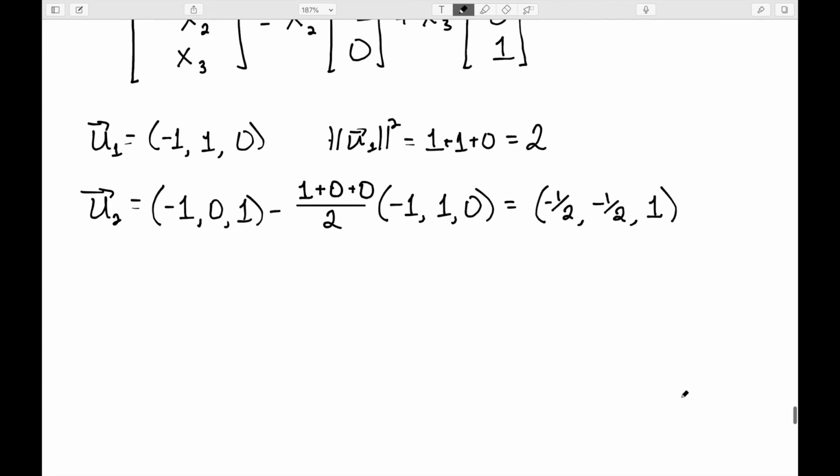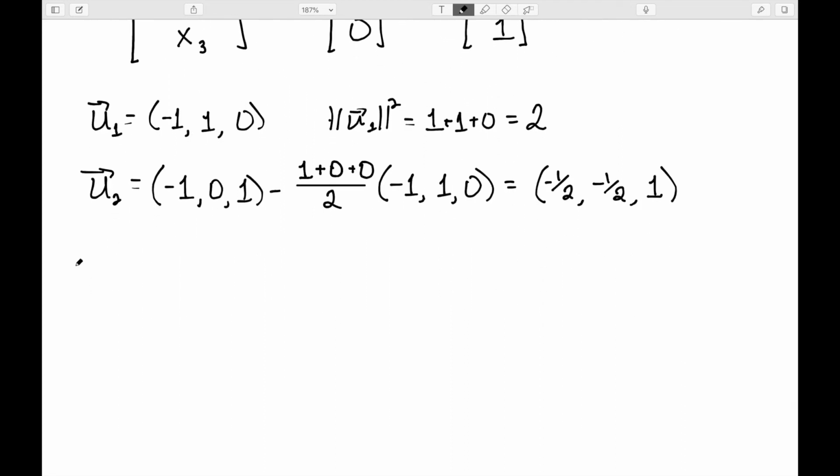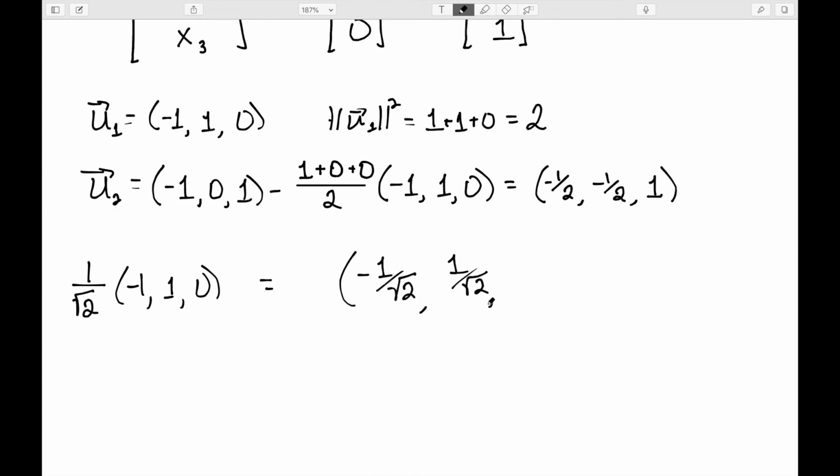We still need to go one step further because we do need these to be orthonormal. We know the length of u1 squared is equal to 2, so we need to multiply the first one by 1 over the square root of 2. That would give me -1 over root 2, 1 over root 2, 0.